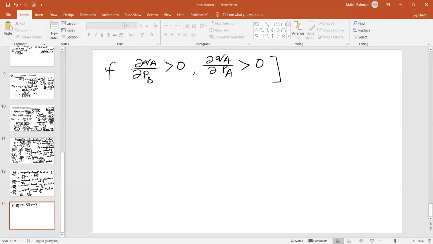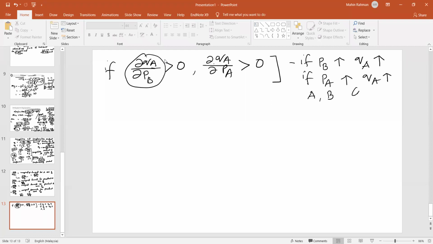For example, this one, delta QA by delta PB. What if it is positive? This means that if price of product B increases, quantity of product A also increases. And if price of product A increases, quantity of product B increases. So that means A and B are competitive.